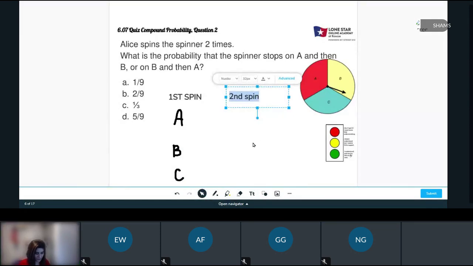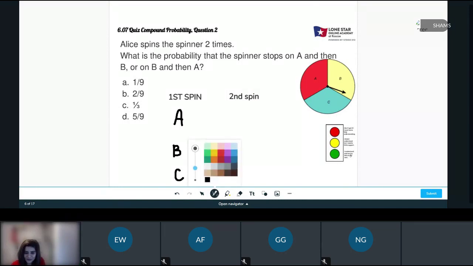Second spin. In the second spin, if the first spin is A, the second spin might again land on another A. So now, first spin A, second spin also A. This is my first possibility.